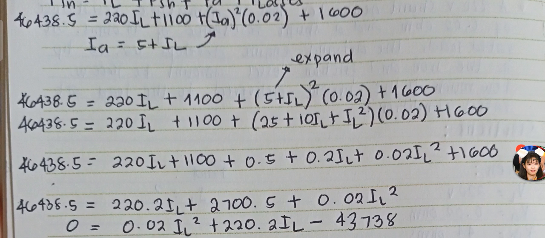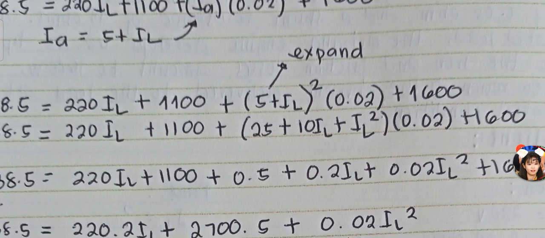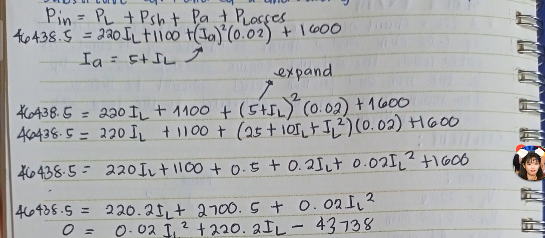This 5 plus IL squared, we expand using algebra, times 0.02, plus 1,600.